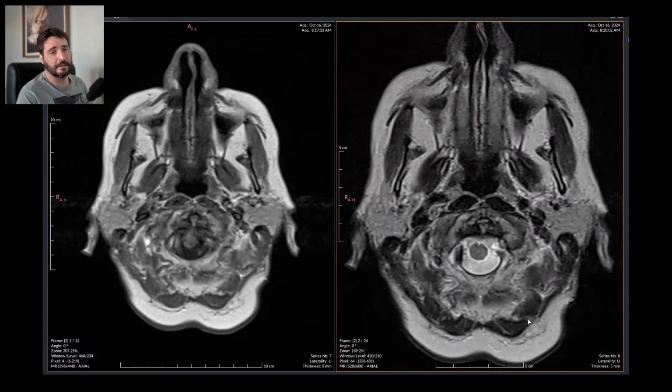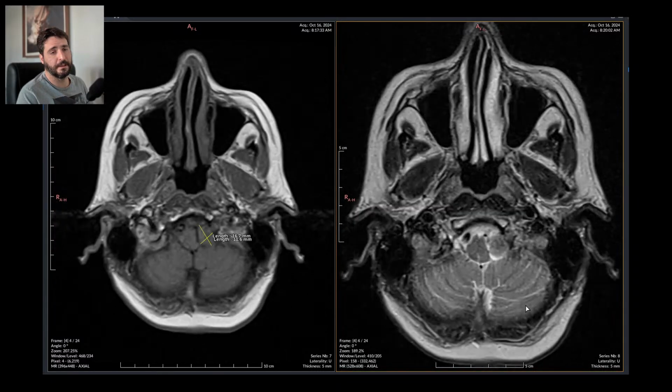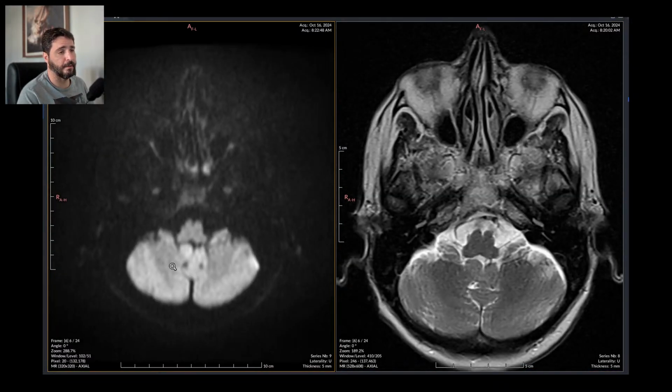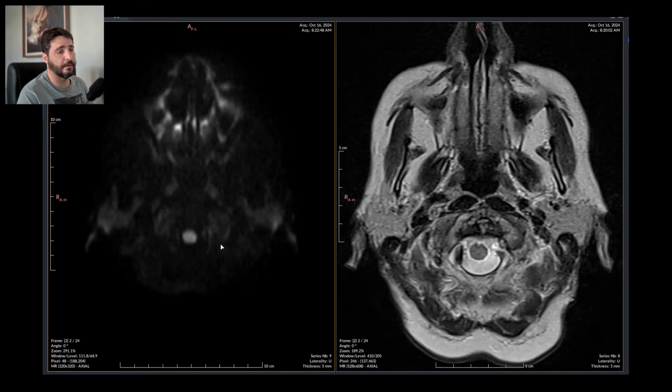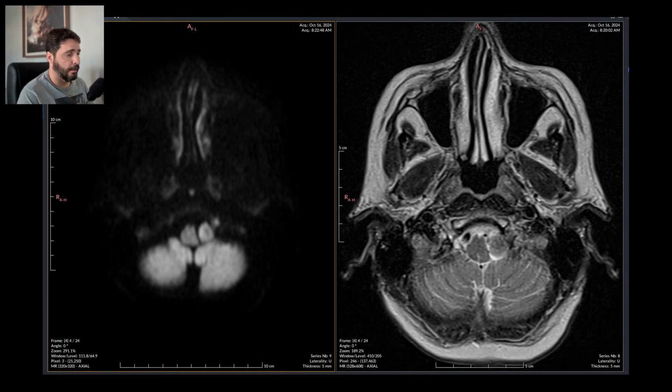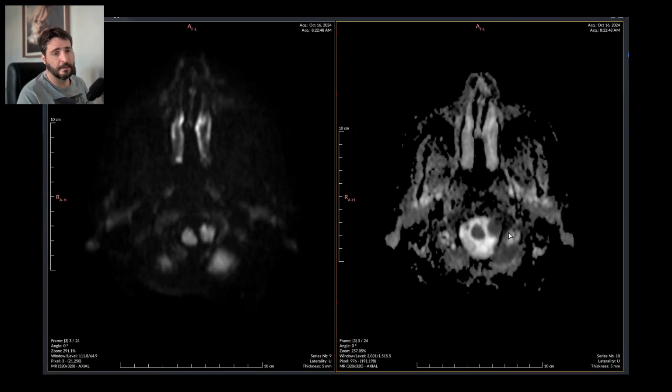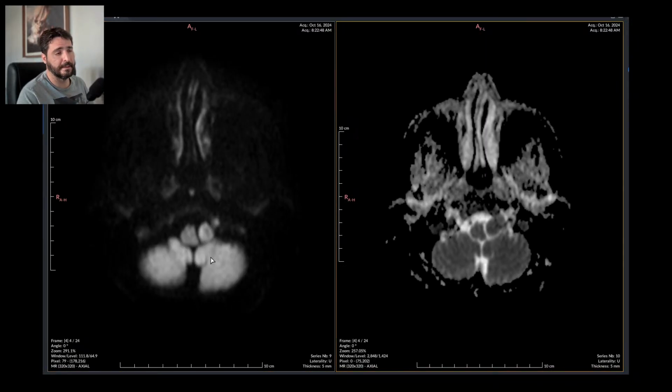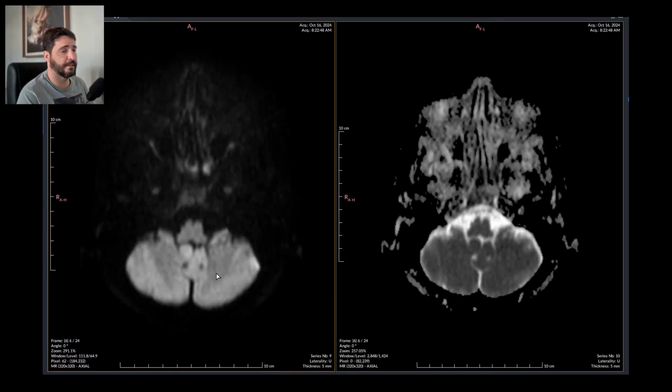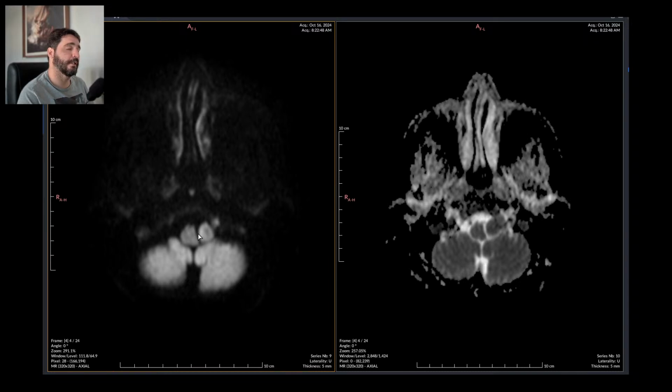If this was a better scan, it would be easier to see. And this is the most common extra-axial tumor on human brains. It's the same even on diffusion weighted and ADC maps, and it has some mass effect.